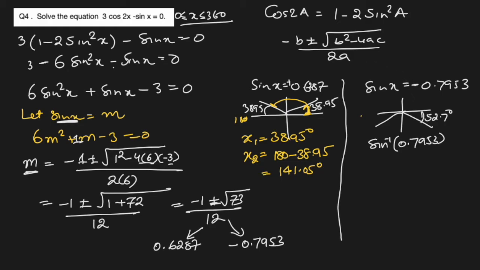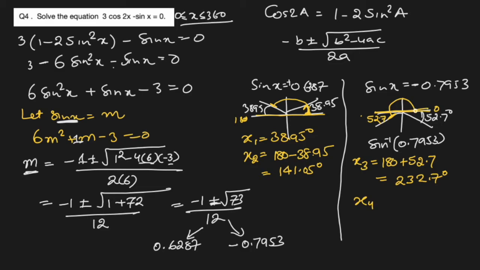So first angle, again we start from 0. First angle will be this one. This is also 52.7. Whatever angle we get, that is always the acute angle with the horizontal line. It was also a horizontal line here, and here also it's a horizontal line. So from 0 till this line will be 180. So x3, the third answer, will be 180 plus 52.7 degrees, which is 232.7 degrees.